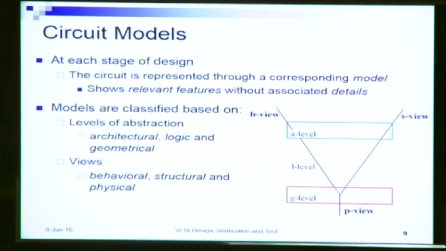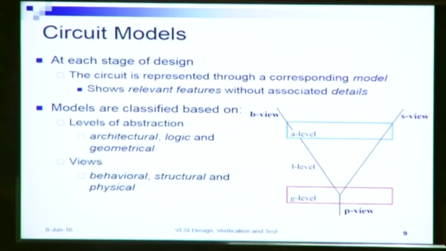Now, at any level of the design, we said that the design progresses through different stages or levels. At each stage of design, the circuit is represented through a corresponding model. A model shows relevant features of the design that we require without associated details.